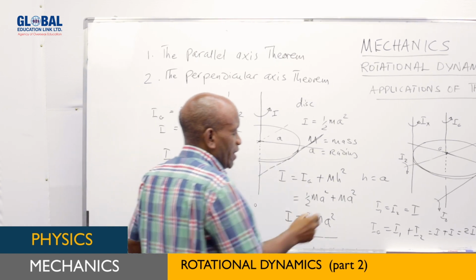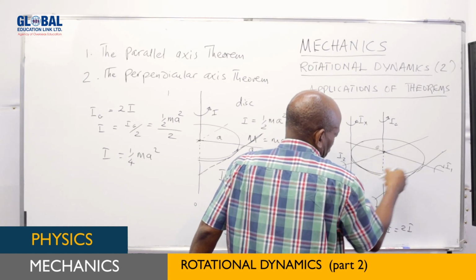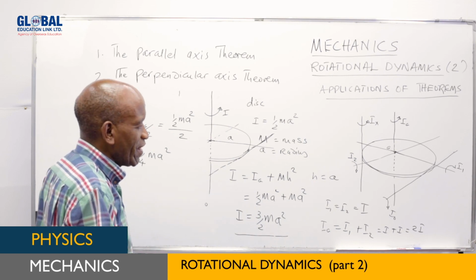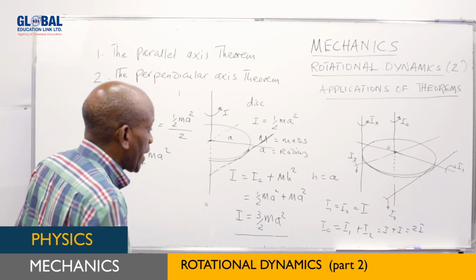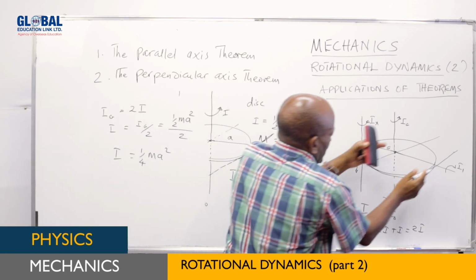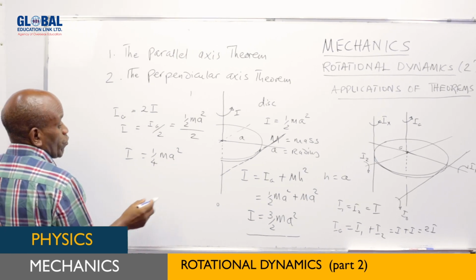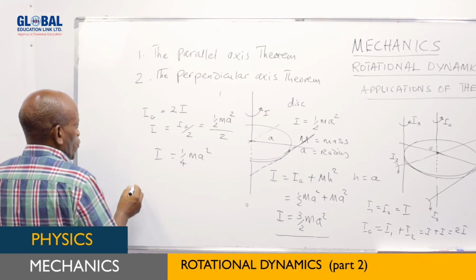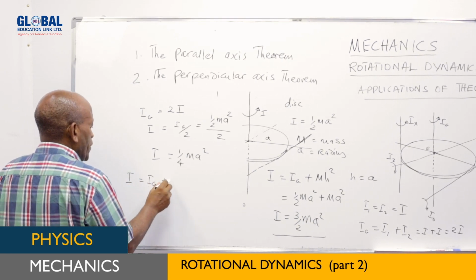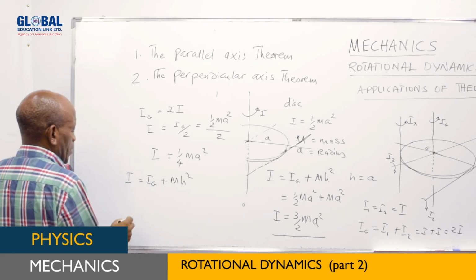So if I have obtained that, it means that that particular axis in any direction can be parallel with an axis that is passing on its edge. And then I'm going to use the parallel axis theorem. To use the parallel axis theorem, the distance separating the two axes will just be equal to the radius of the disk. So using the parallel axis theorem, I'm going to use this particular expression.